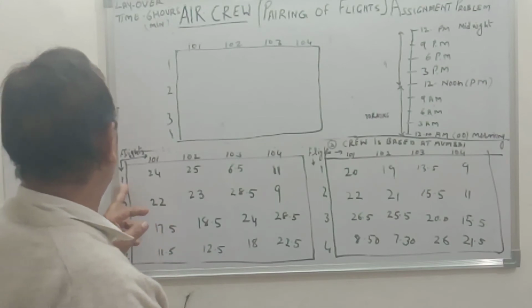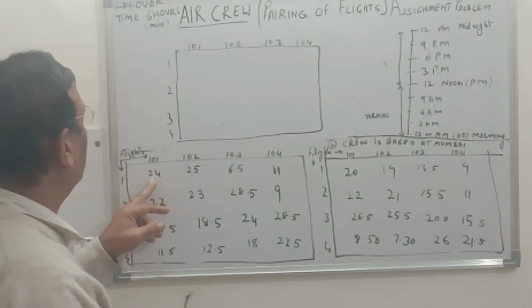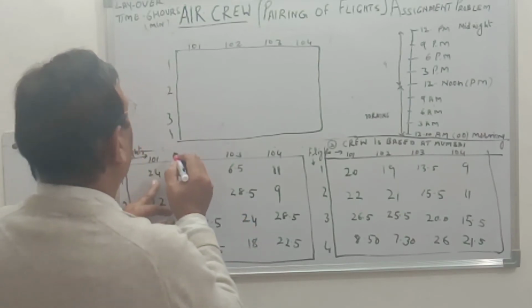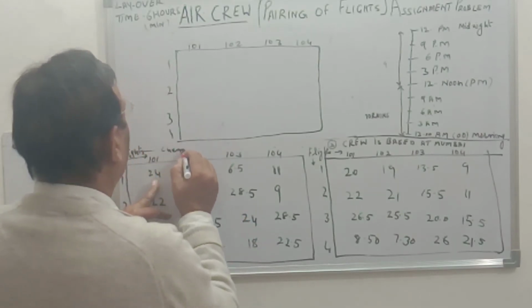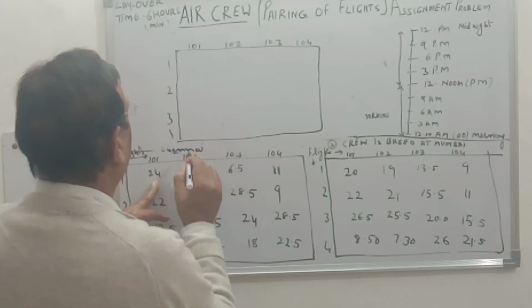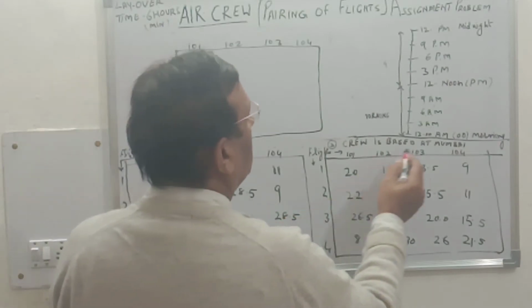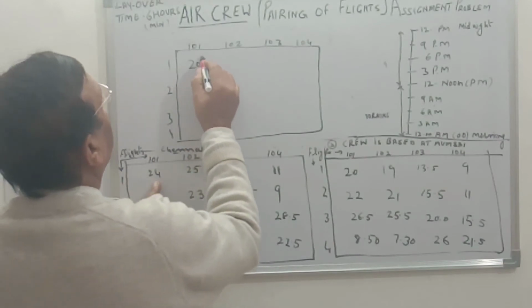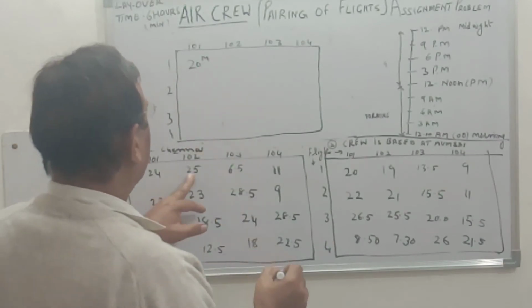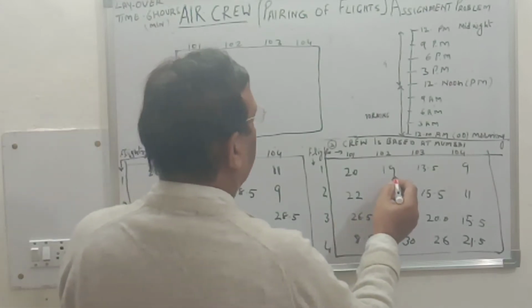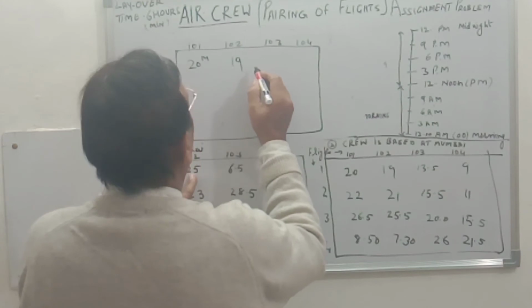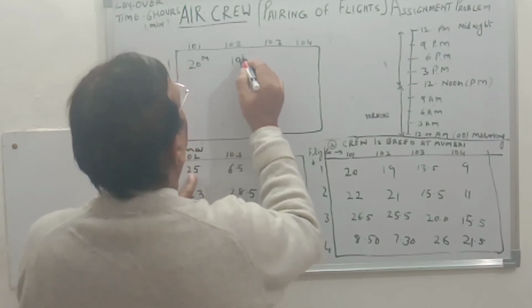Now flight number 1 to 101 is 24. This is Chennai. And here it is Bombay, it is 20. So you will write down 20, it is in Mumbai. Then second is 25, here it is 19. So 19 is at Mumbai.